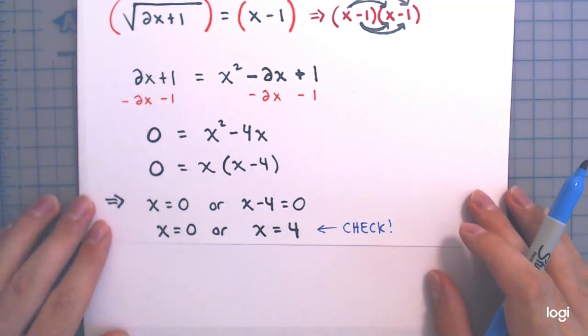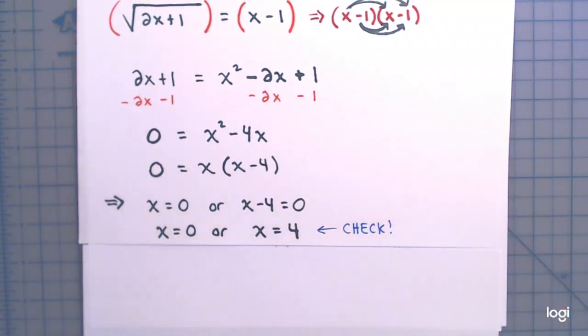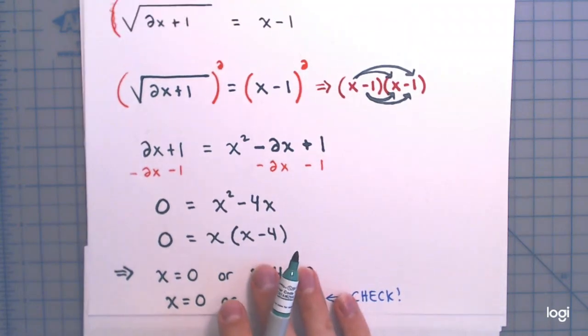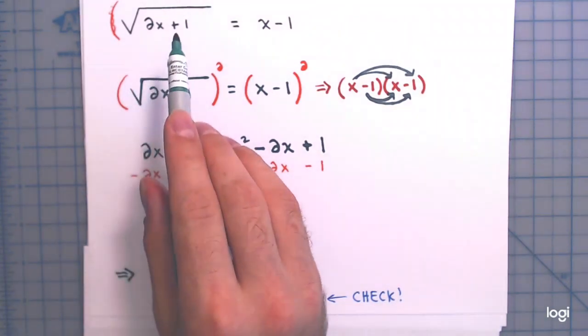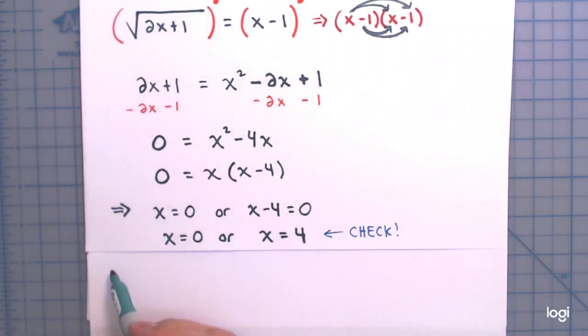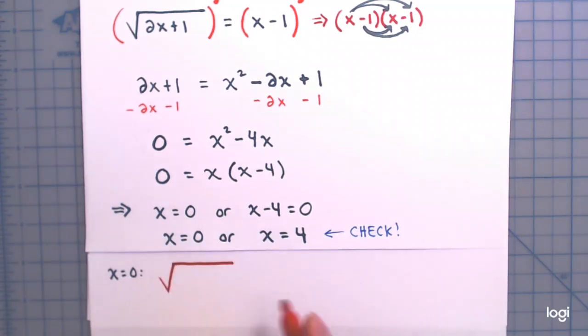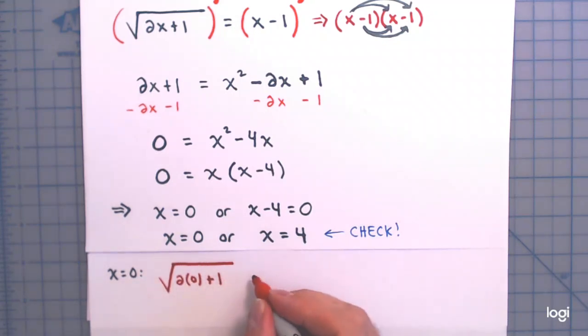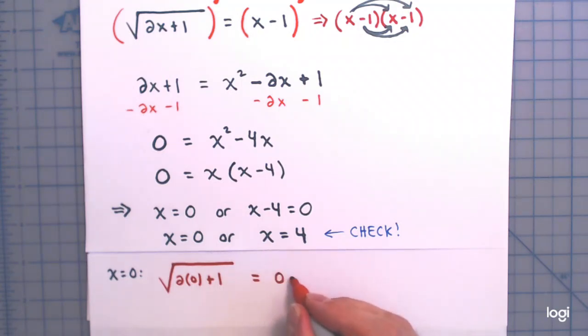So the original equation was, this guy up here, right? The square root of 2x plus 1 equals x minus 1. So first I'll check when x equals 0. So we have the square root of 2 times 0 plus 1, and is that equal to x minus 1, or 0 minus 1, right?